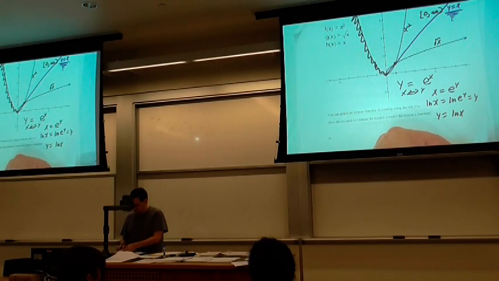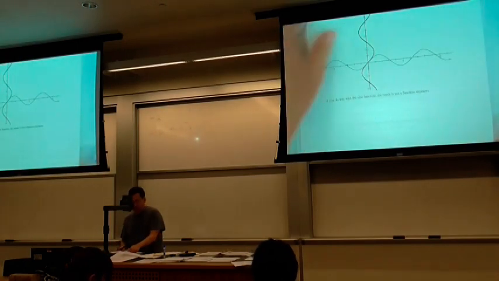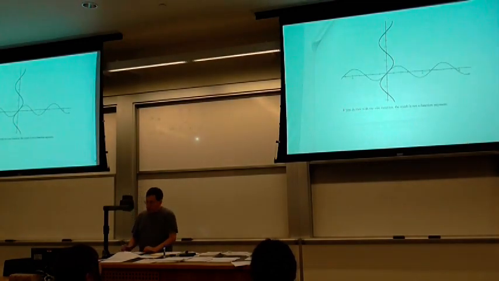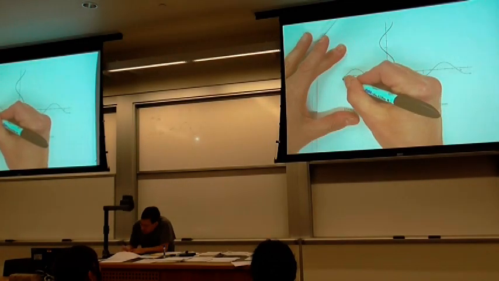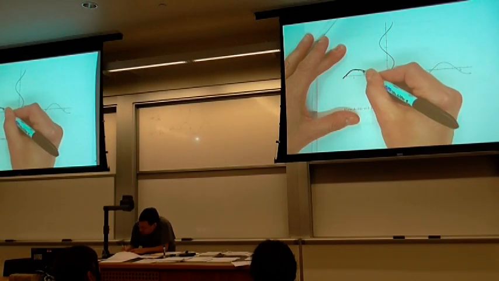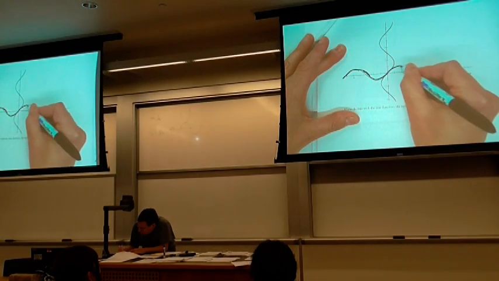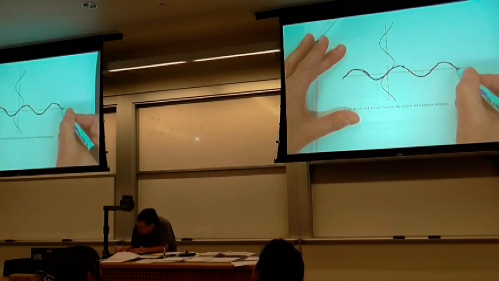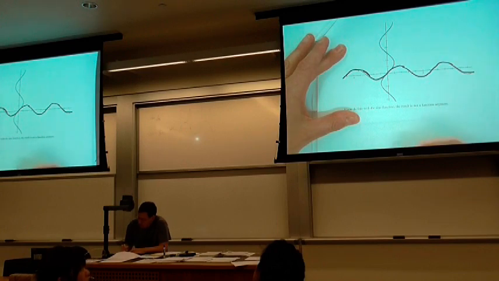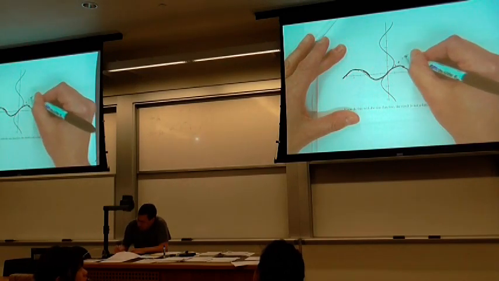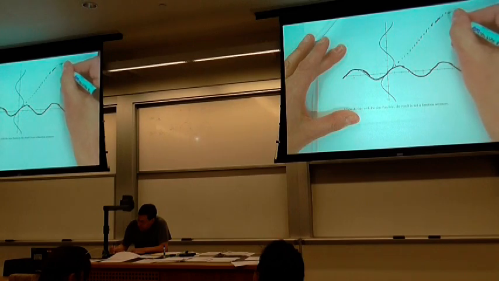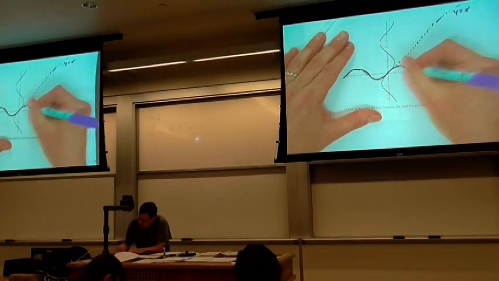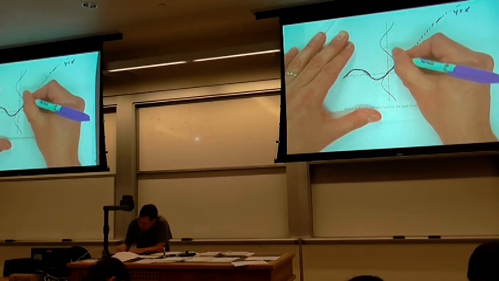Okay, that's our introduction. Now let's get down to brass tacks here. Here I have a sine function, and I want to find its inverse. So again, I'm going to look at the mirror image across y equals x, and it kind of looks like this.